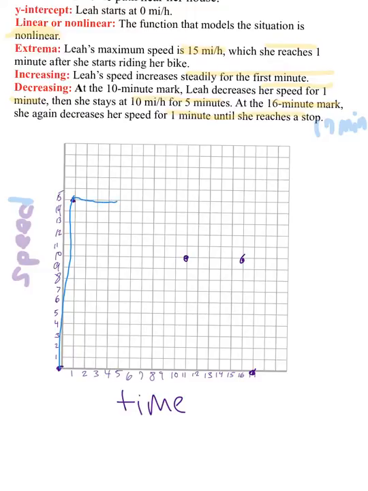So I'm going to have her go at 15 miles per hour until we get to the 10-minute mark. I probably should put a point there for 10 so I know when to turn. And then I'm going to go down to the 11-minute mark to 10 miles per hour. And then we're going to go straight there. And then finally, we're going to curve home or turn home. And that's it. There's a story.